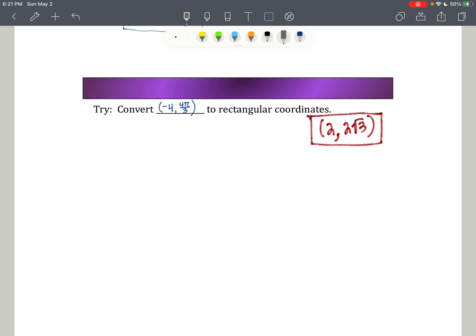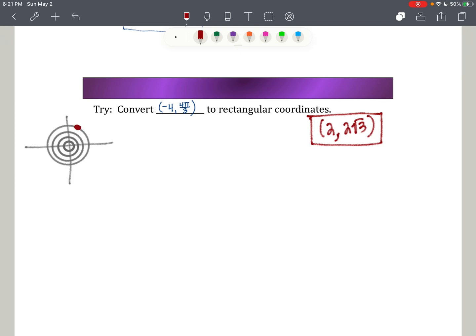So I'm going to draw a quick picture to show you. -4 would be 1, 2, 3. Those are very lopsided circles. There we go. Still not the best, but not as bad as it was. So 1 pi over 3, 2 pi over 3, 3 pi over 3, 4 pi over 3.